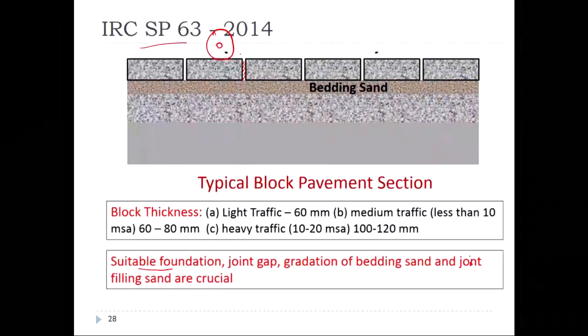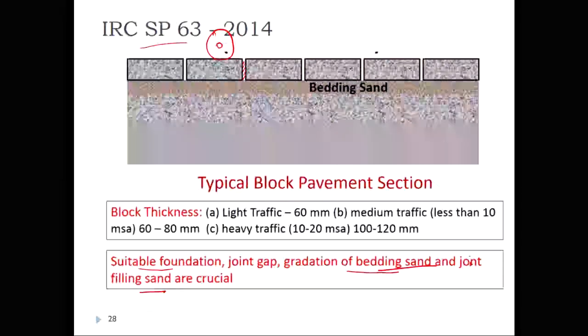If the neighboring block does not take part in the load carrying, these blocks will differentially settle. So in order to prevent this differential settlement, it is very important that the gradation of the bedding sand and the gradation of the joint filler sand, whatever you're adopting, is appropriate. Basically IRC SP 63 provides guidelines on how these gradations have to be chosen.